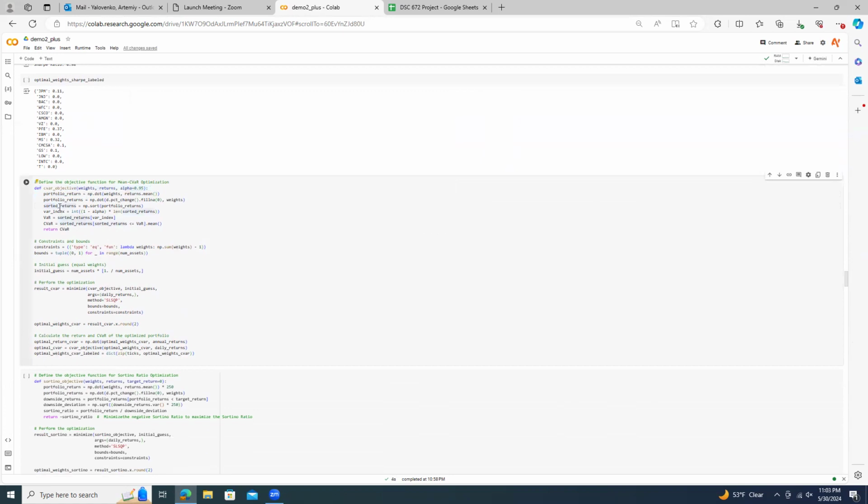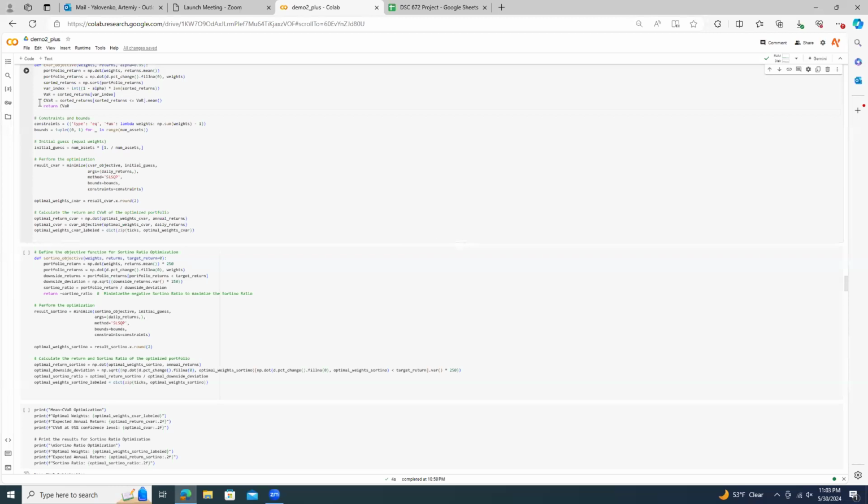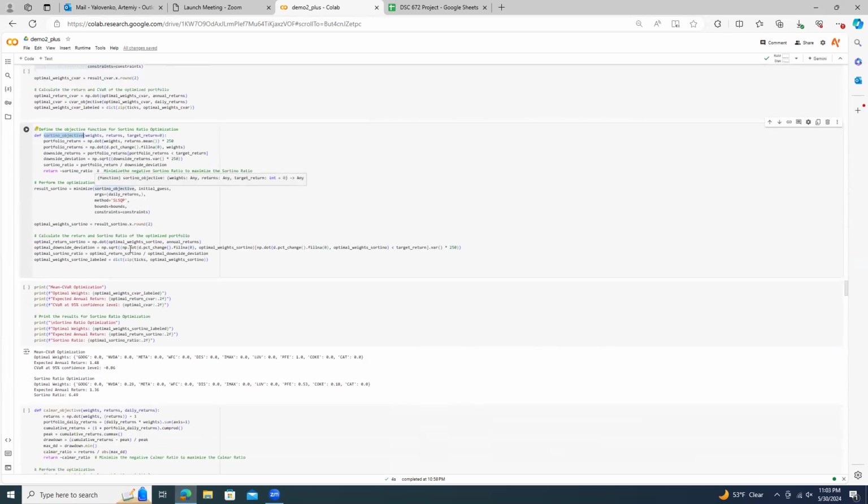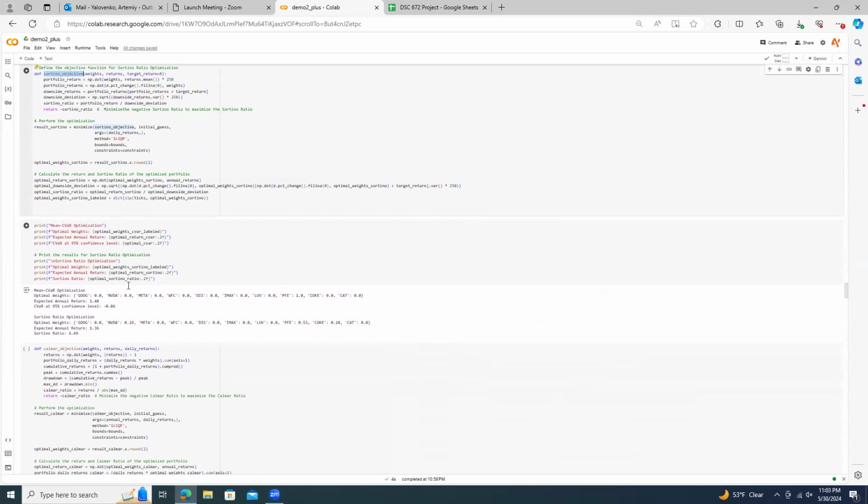So the CVaR objective is us attempting to find the lowest conditional value at risk portfolio over time. And then we're also doing optimization solely based on the Sortino calculation.